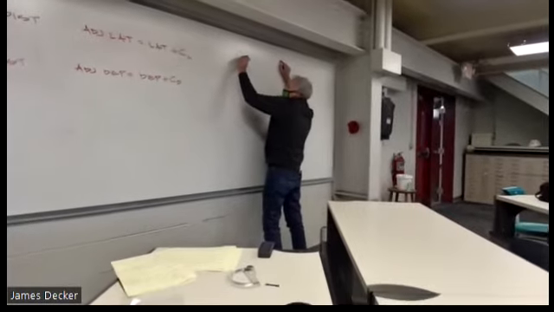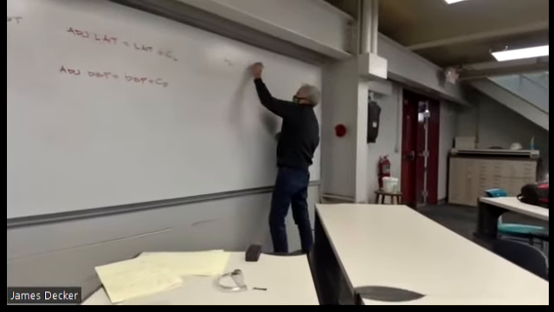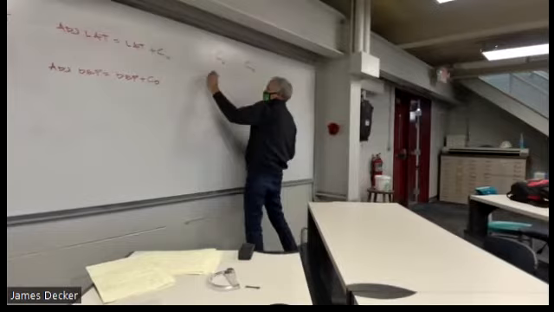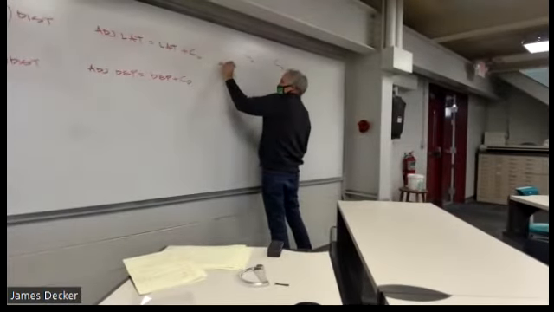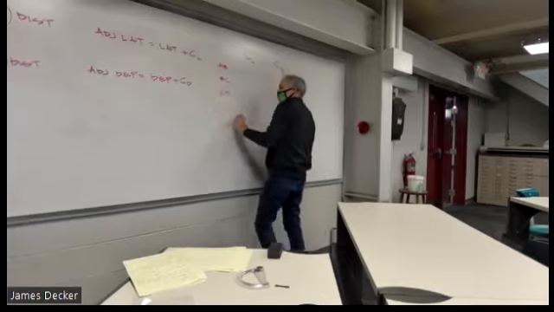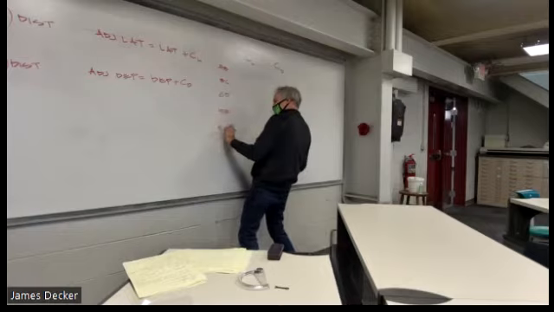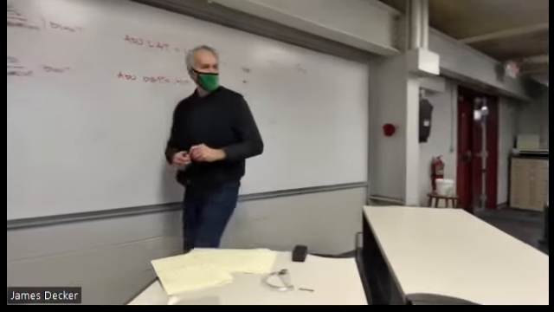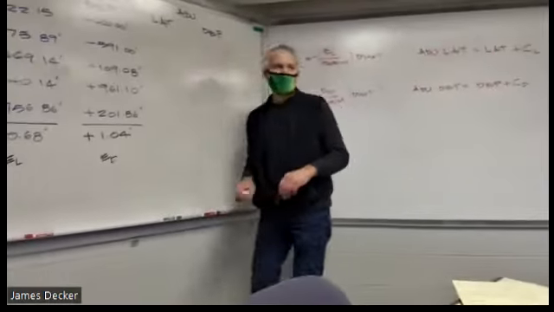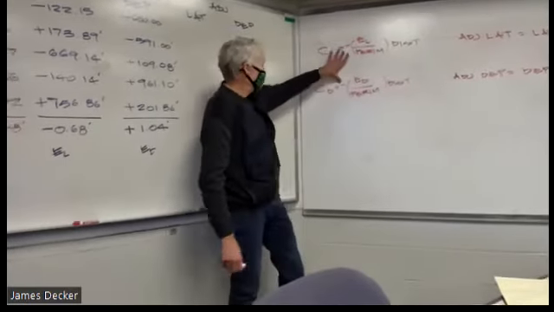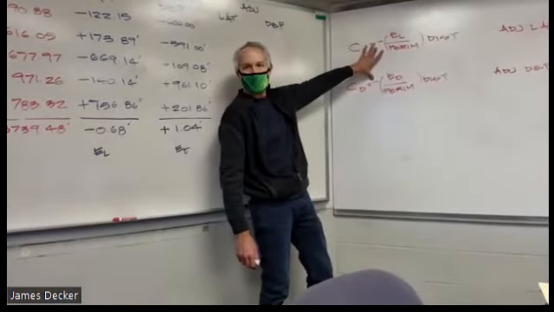All right, so watch what we're going to do. This is going to be our correction for latitudes column, correction for departures. We're going to have one for AB, BC, CD, DE, and EA. Now I'm going to take care of this negative sign right here.